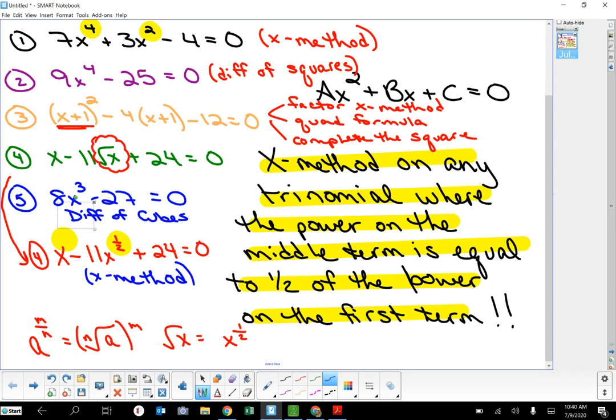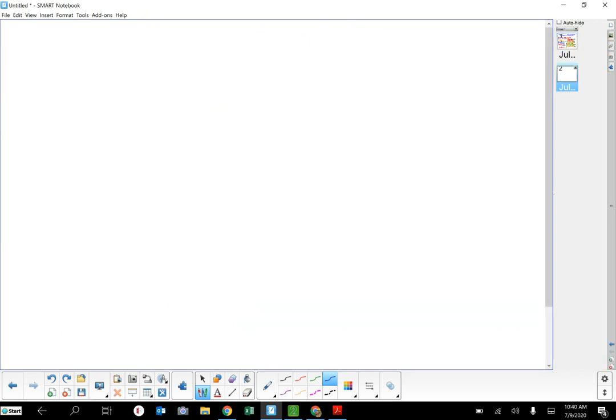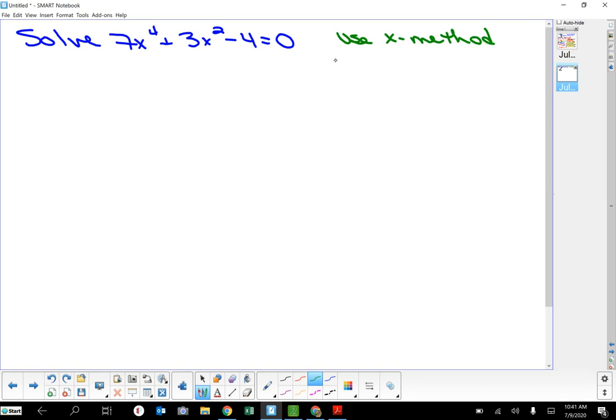We're going to start out with number 1, the black one, 7x to the 4th plus 3x squared minus 4. So we're going to solve 7x to the 4th plus 3x squared minus 4 equals 0. And we can use x method because the middle power is half of the leading power.